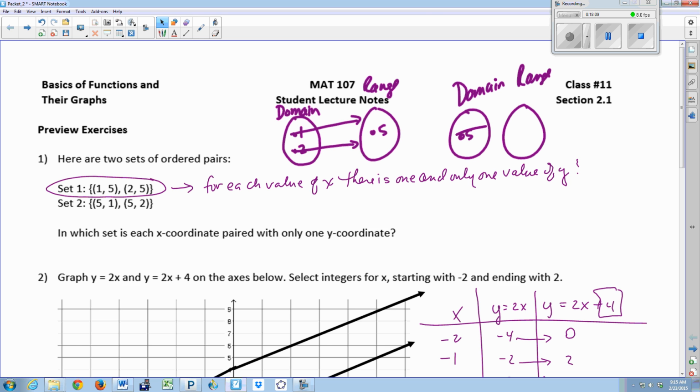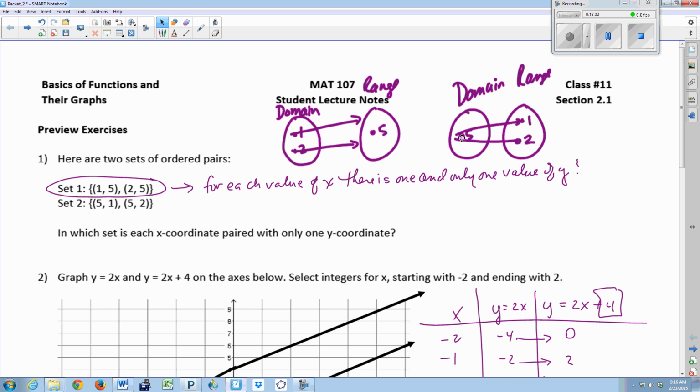The number 5 goes to the output 1, and it also goes to the output 2. Because it says in the definition that a well-defined relation or function has exactly one output value for any input value. Okay, so here's my input value, 5. Does it have exactly one output value?